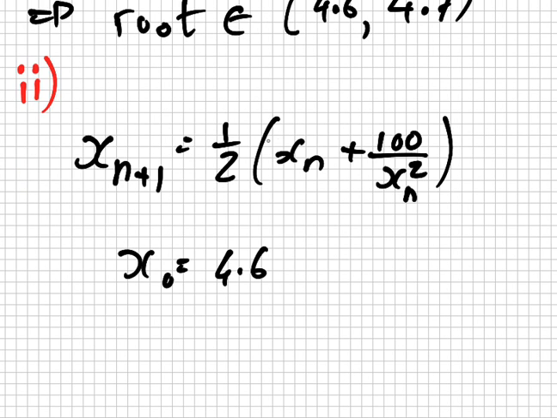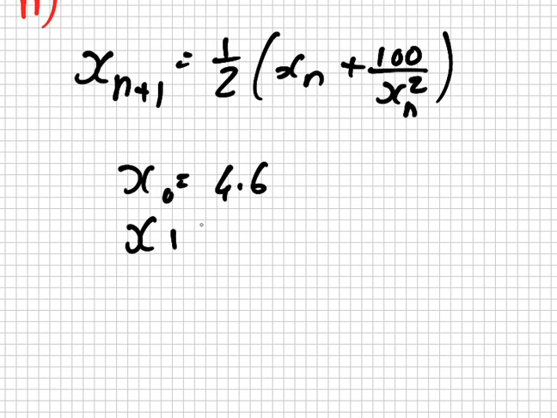So maybe, Sunita, you could type this formula in on your calculator, but put x as 4.6. So it's a half, bracket, 4.6 plus 100 over 4.6 squared. And then Grace, if you could do the same, if you have a calculator, we'll make sure we get the same answer.